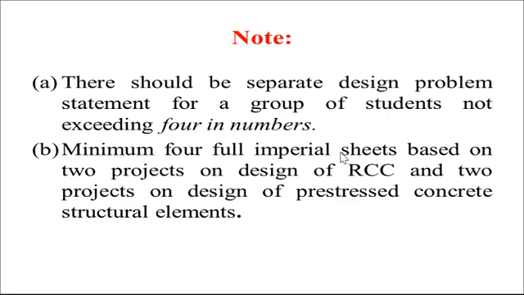Minimum 4 full imperial sheets are there, based on 2 projects on design of RCC and 2 projects on design of prestressed concrete elements. You can use the flat slab and the post-tension beam, or one way or two way slab using prestress. And for RCC, retaining wall is there as well as the water tank.